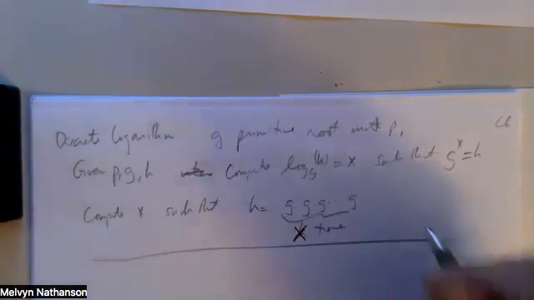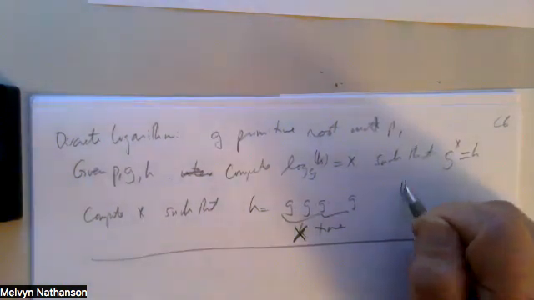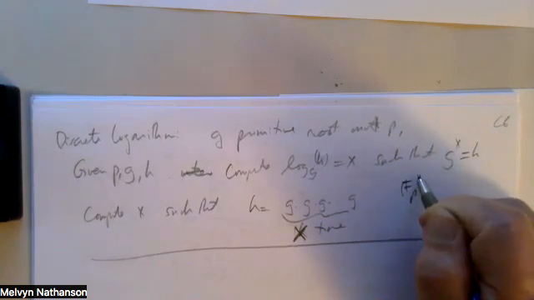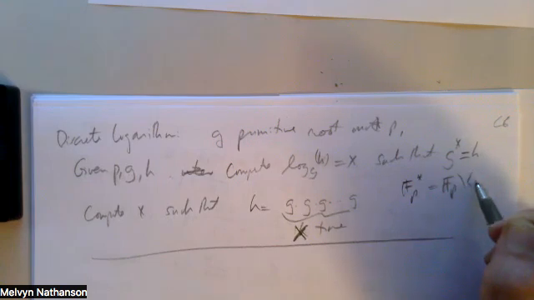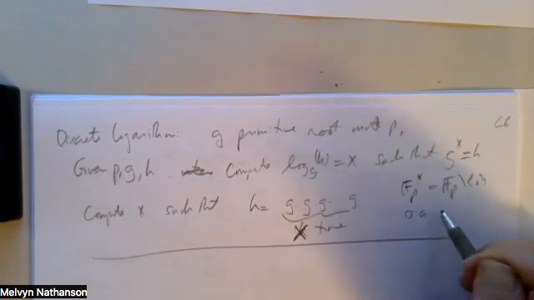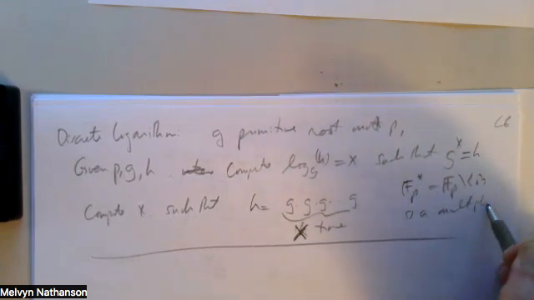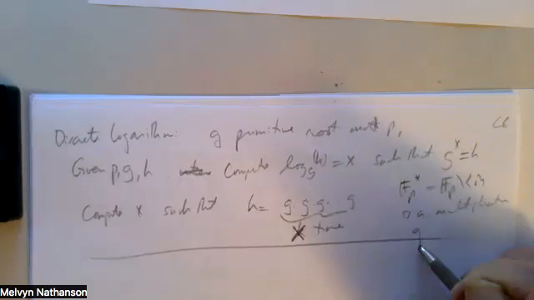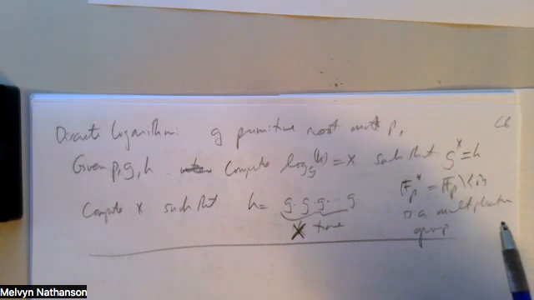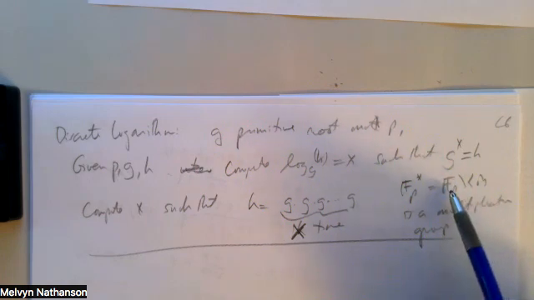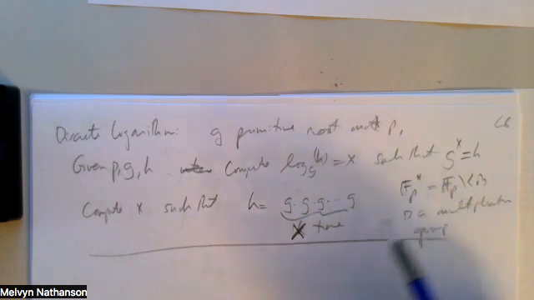It is based on the fact that F_P star, which is the finite field without zero, is a multiplicative group. Given two elements G and H of this group, the question is, how many times do you have to multiply G by itself to get H? That's the logarithm.